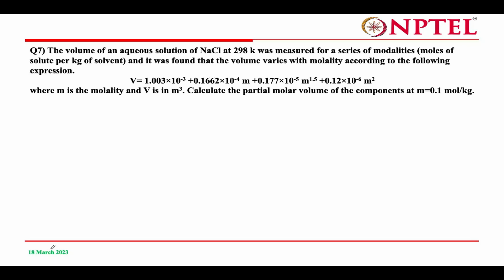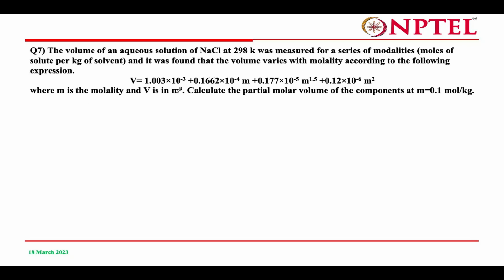So question number 7. The volume of an aqueous solution of initial at 298 Kelvin was measured for a series of molalities, moles of solute per kg of solvent, and it was found that the volume varies with the molality according to the following expression.